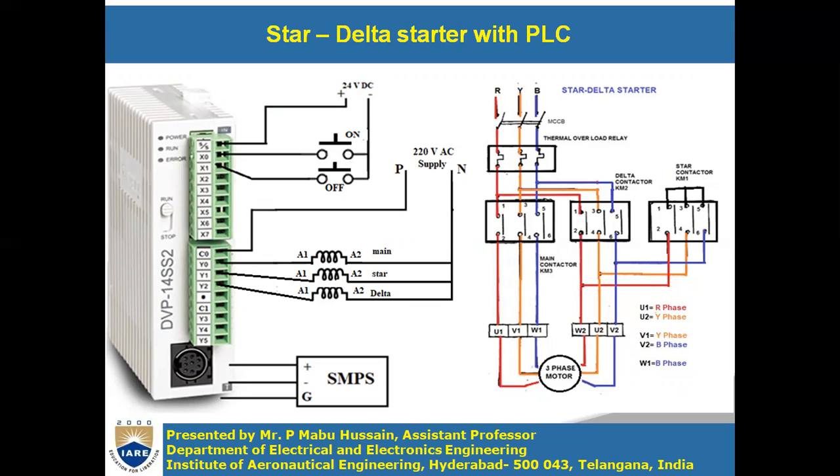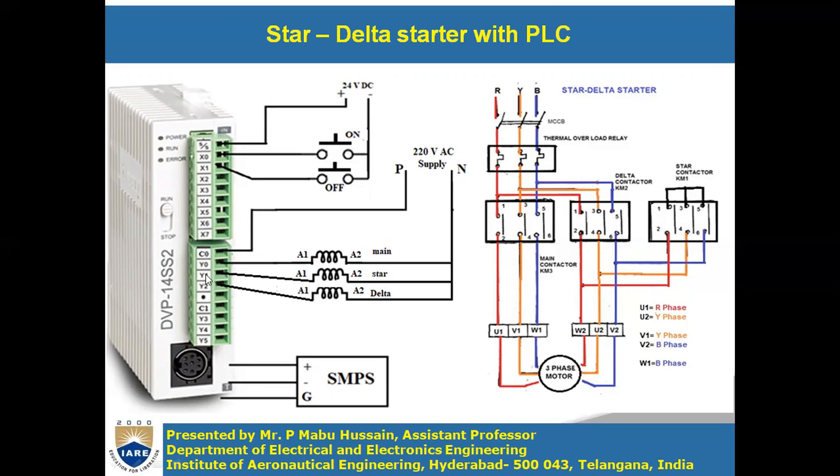Now whenever Y0 is on, this phase will be connected to Y0, so that this winding will get the 220 volts AC supply. Whenever Y0 is on, 220 volts supply will be connected to this main coil, so then this contactor will close.